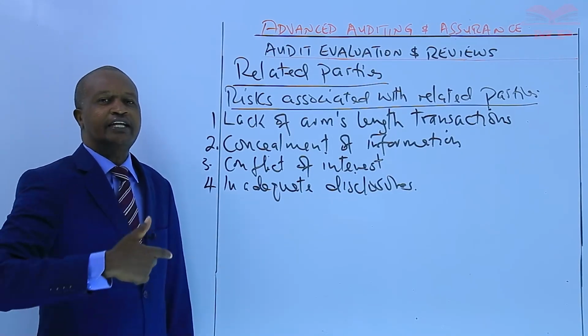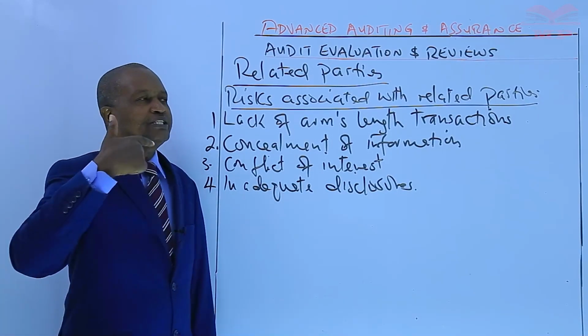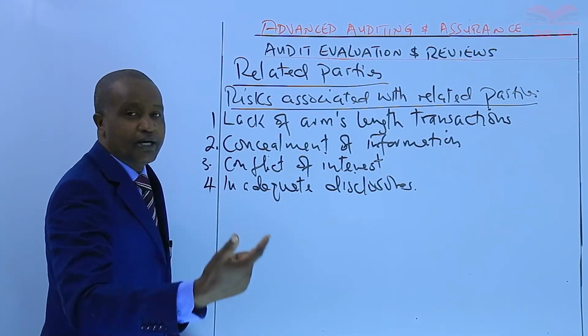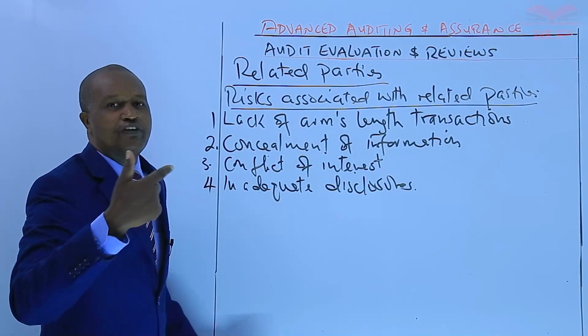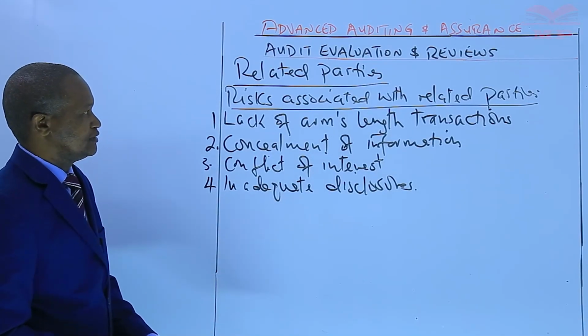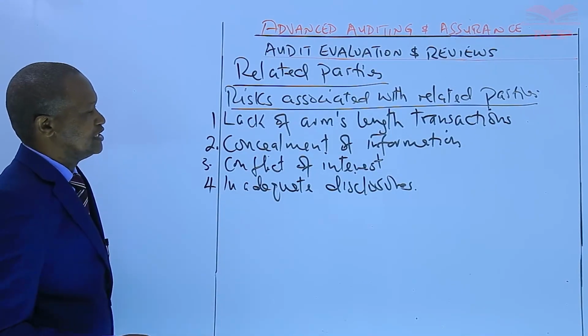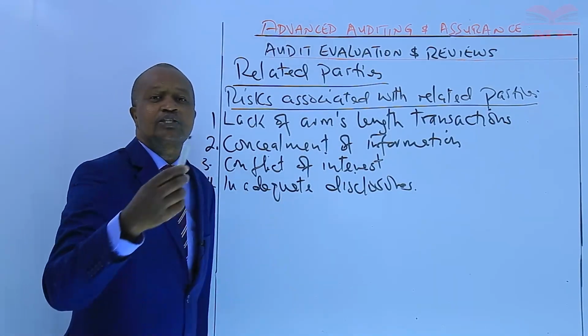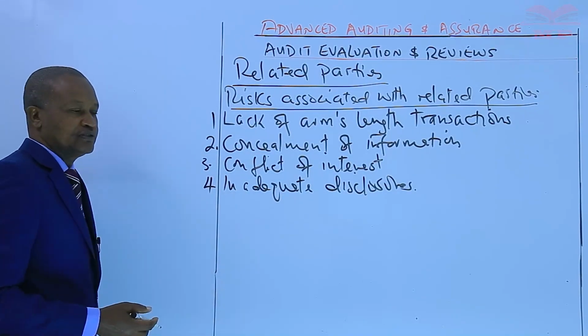So candidates, incomplete or misleading disclosure can undermine the transparency and reliability of the financial statements. So that's another risk that is associated with related parties: inadequate disclosures.